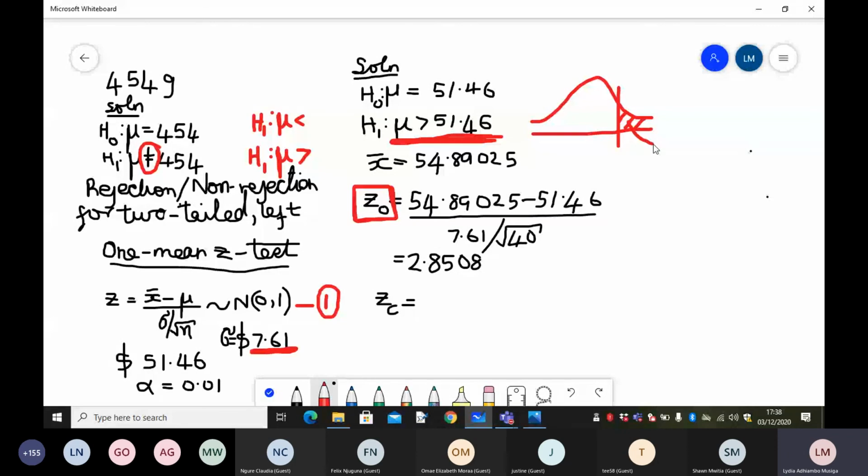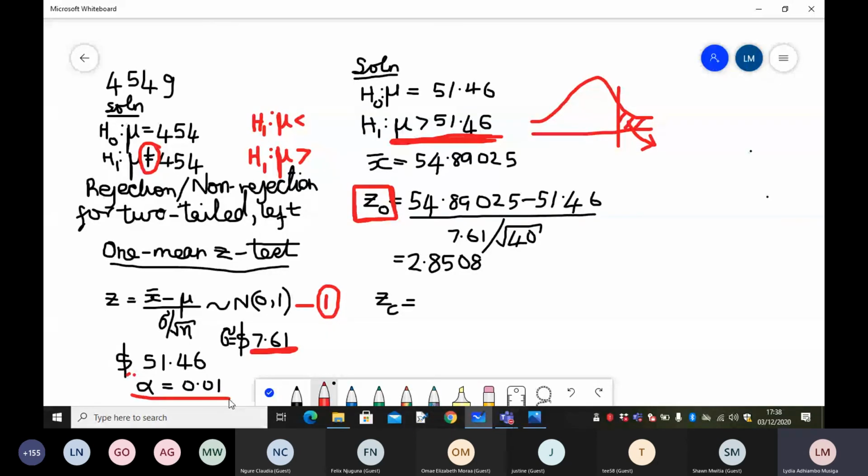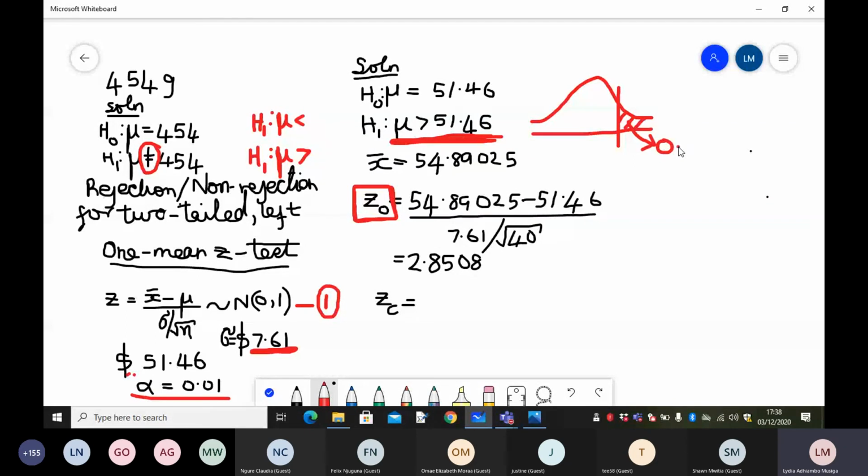What is the size of that shaded area? The size of the shaded area is alpha. And what was alpha equal to? Alpha was given as 0.01. So that shaded area, which is our rejection region, has a size of 0.01.